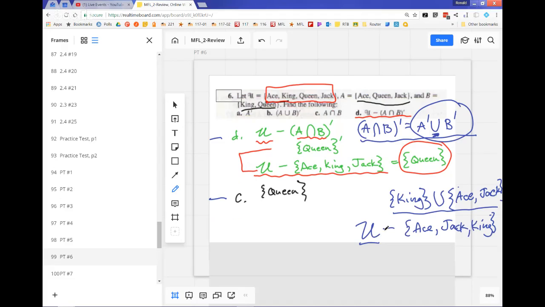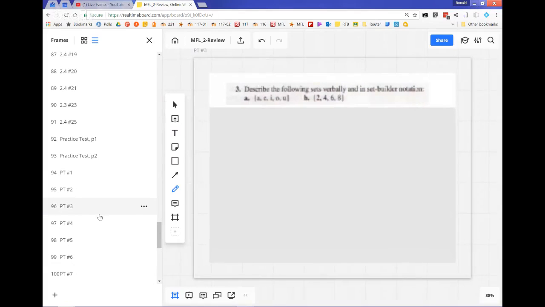I hate going backwards, but I just wanted to see if I did number 3 right. That's not backwards, that's fine. For 3A, I have in brackets X is a vowel.